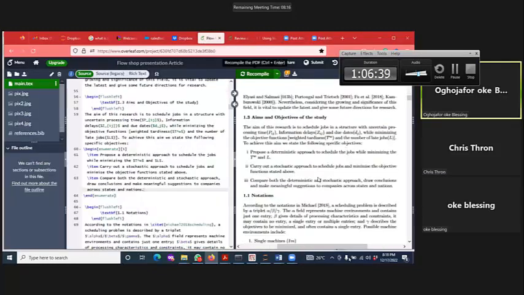Can you read this? I think I have to define what I need to achieve or what I intend to do.